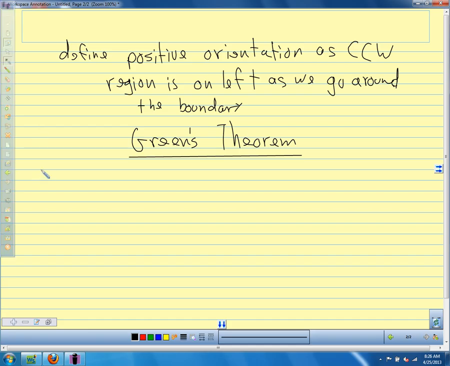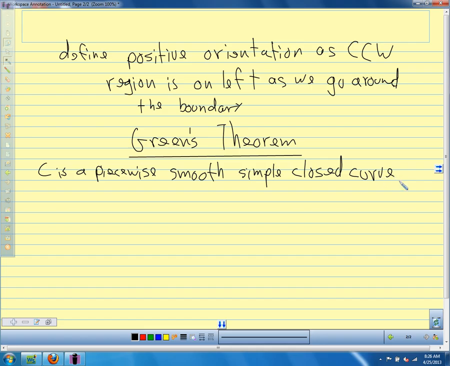So we have C, a piecewise smooth simple closed curve that bounds a region, some region R, and we're in the plane for Green's theorem.